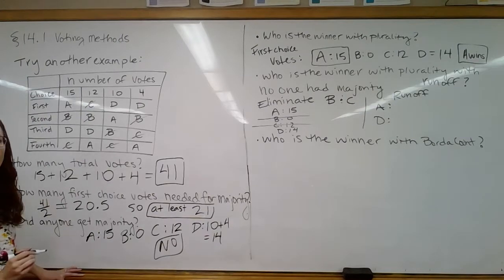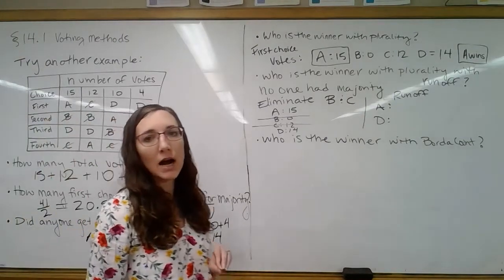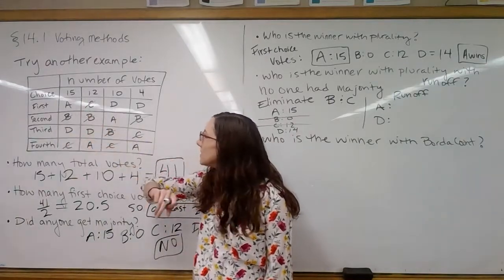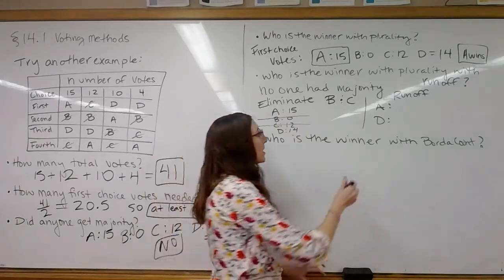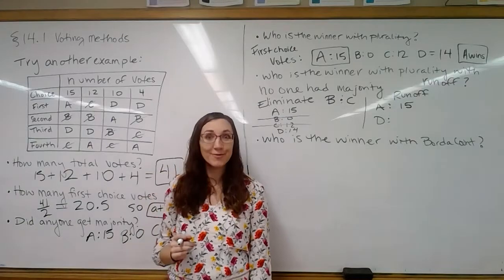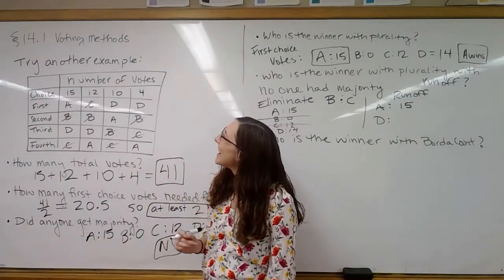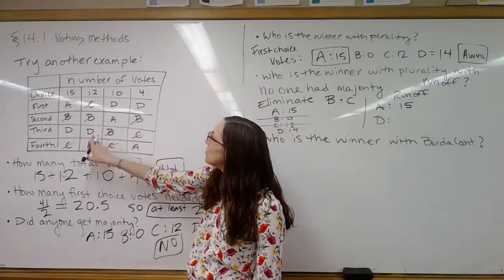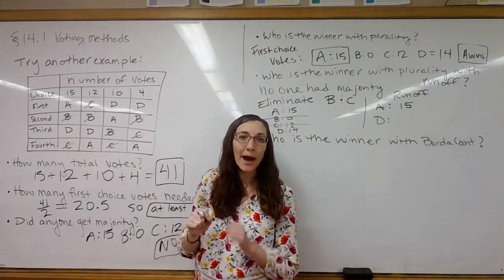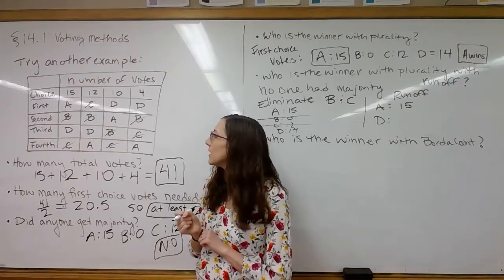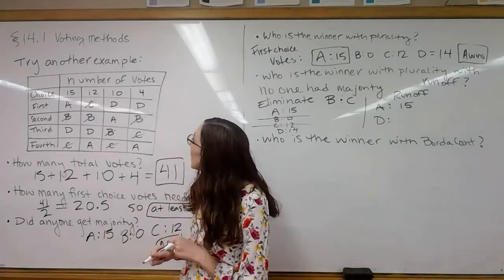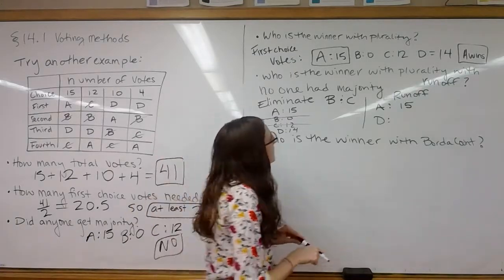Remember, we award the votes in a certain column to whoever's preferred. In the first column, with A and D as the only ones left, A is preferred, so that was worth 15 votes. In the second column, just between A and D, notice neither of them is very high on the ballot. It doesn't matter, it's just which of those two is preferred. So D is preferred, and D gets 12 in that case.